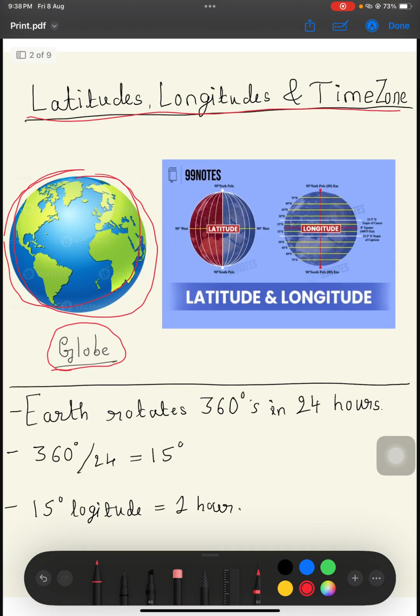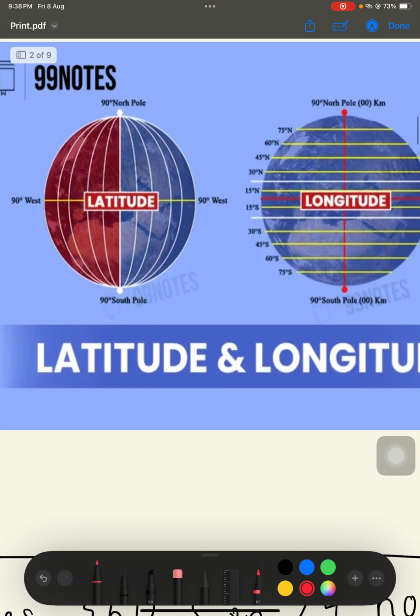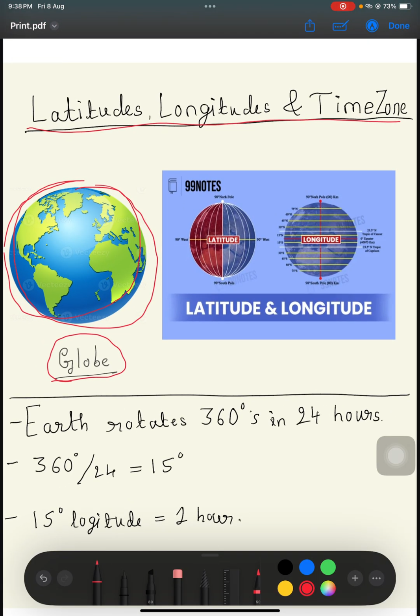And on our Earth there are some important lines the geologists have drawn like this. Like these lines you are seeing here, no? These lines are called latitudes and longitudinal lines. First, I am discussing the latitudinal lines.